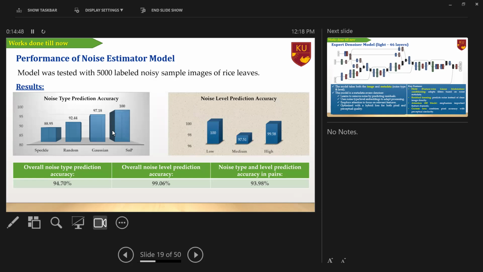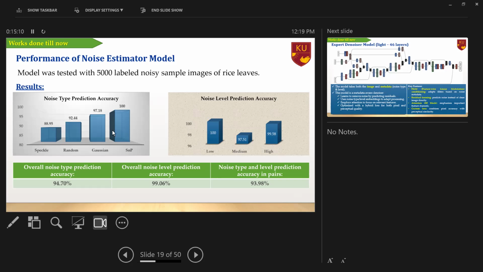The maximum times we encounter Gaussian, random, and speckle. So for these noises it's near about 90, and for salt and pepper and Gaussian it's near about 100%.